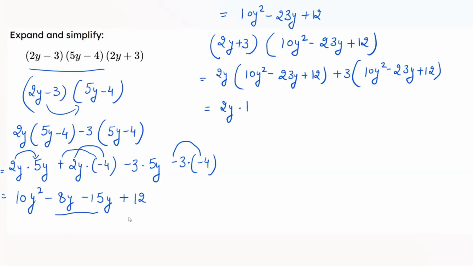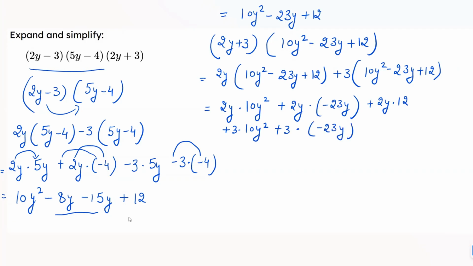So 2y into 10y square plus 2y into minus 23y plus 2y into 12. So that is for the first part of it. Then plus 3 into 10y square plus 3 into minus 23y plus 3 into 12.